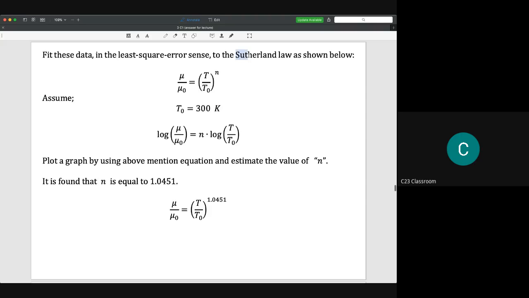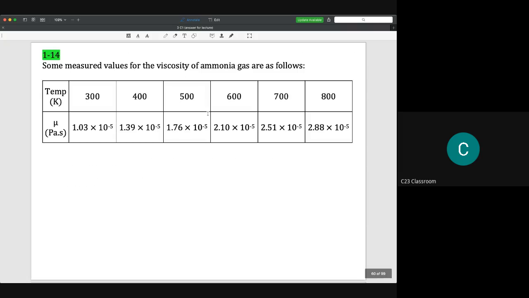In the textbook, there is a little explanation about Sutherland law. The idea is about this equation. Actually you need to plot a graph, but it's okay, I just show this work. The equation is mu over mu naught equals T over T naught to the power n, where T naught is 300 based on this table.